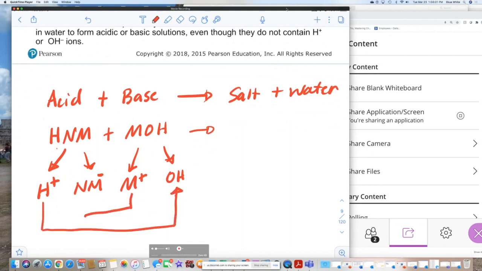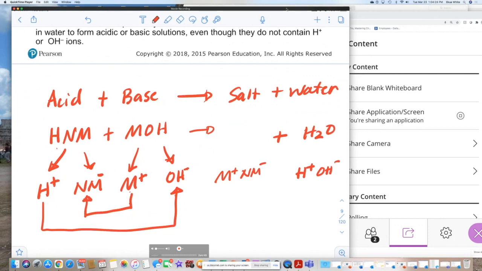So in this first scenario here, when H goes with OH minus, we get water. That's how we get the water when these two combine. And then when the metal and nonmetal combine, we get the salt.